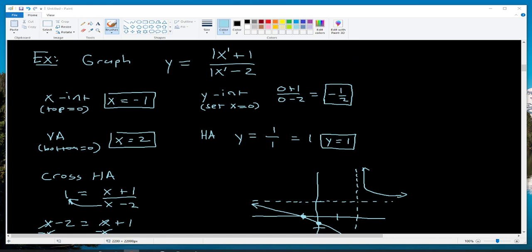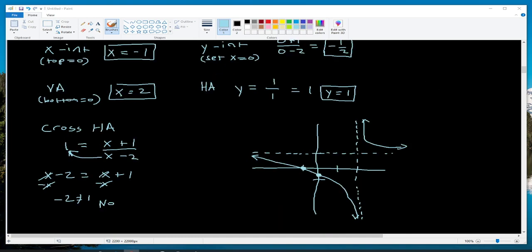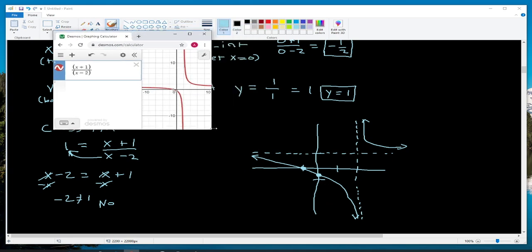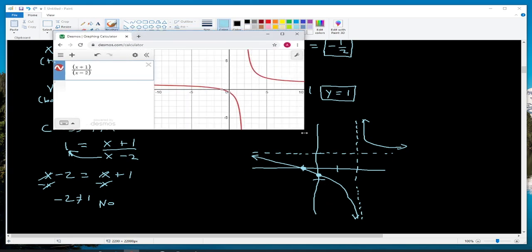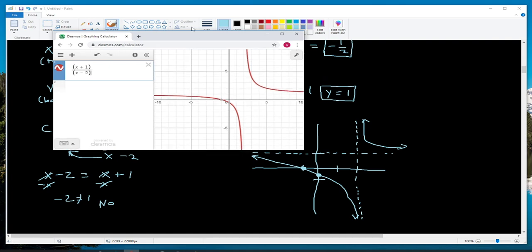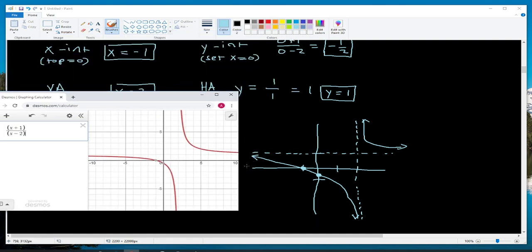So we said, okay, it was x plus 1 all divided by x minus 2. And our graph looks like this. The Desmos graph looks like that. So they're pretty similar. We can see that obviously Desmos does a better job of it, but it looks about the same.